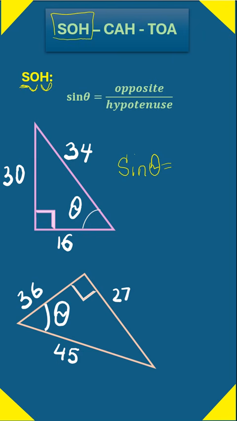The first step, mark all three important sides. We remember the side opposite 90 degrees is the hypotenuse, H. Opposite angle theta, the given angle, is the opposite side.